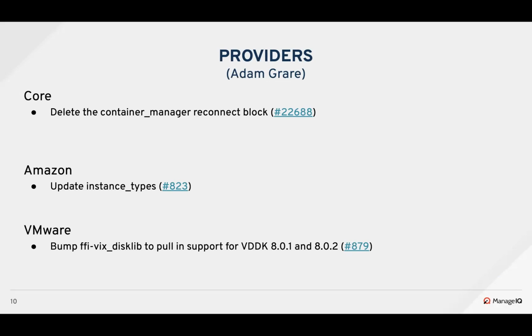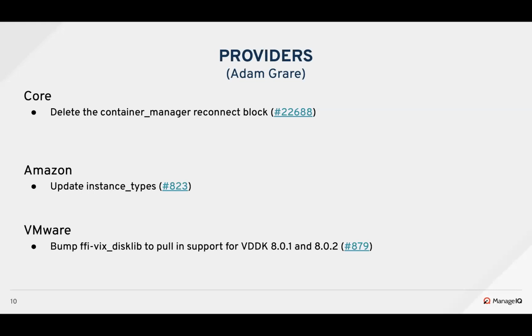For providers this sprint, in core, we deleted the container manager reconnect block. This was originally added to prevent any issues with accidentally disconnected inventory that would be rediscovered on the next full refresh.